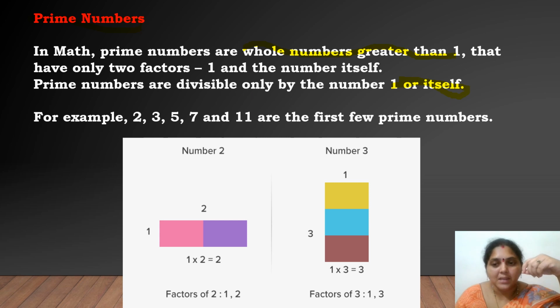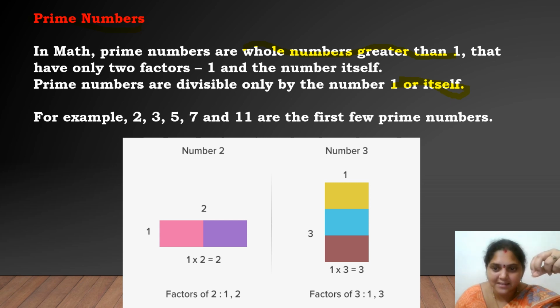For example, I'll take the number 2. Can you tell me in which tables you can find the number 2? In one table, in two table, or any other table? No, we can find the number 2 only in two tables as a product. The product is the answer we get when multiplying two numbers.